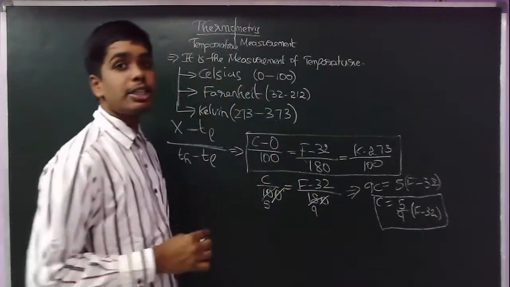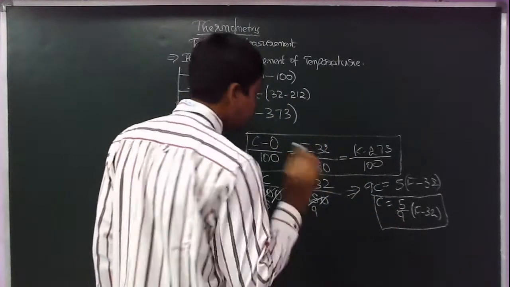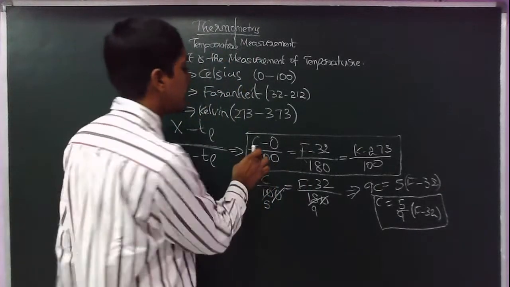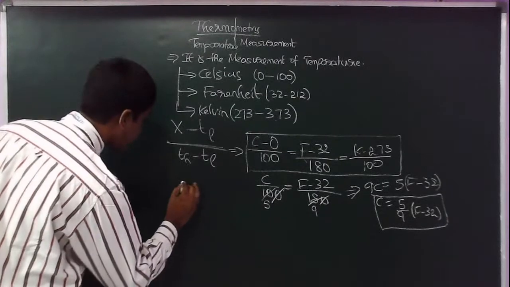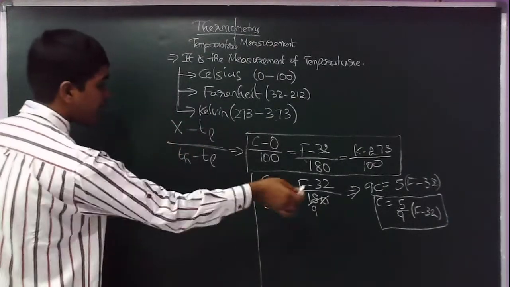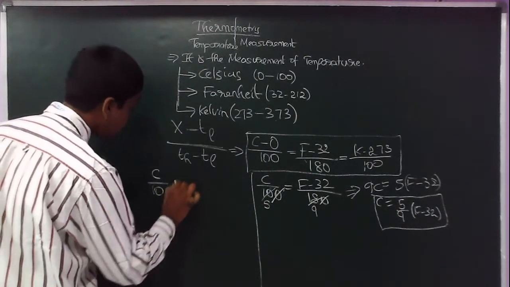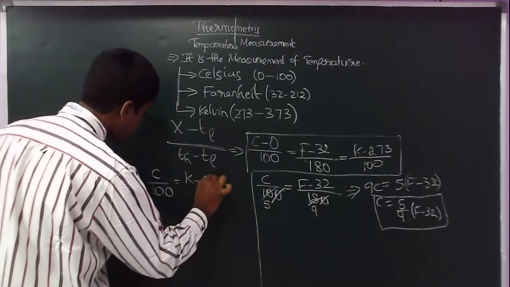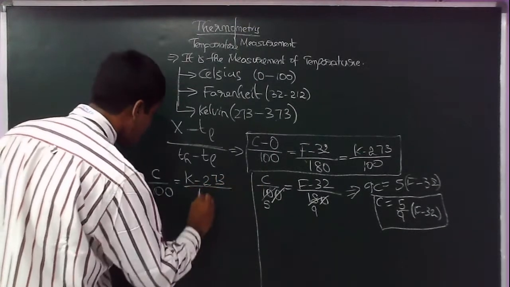Now we got the relation between Celsius and Fahrenheit. Now we will derive the relationship between Celsius as well as Kelvin. I will write C by 100 is equal to K minus 273 upon 100.